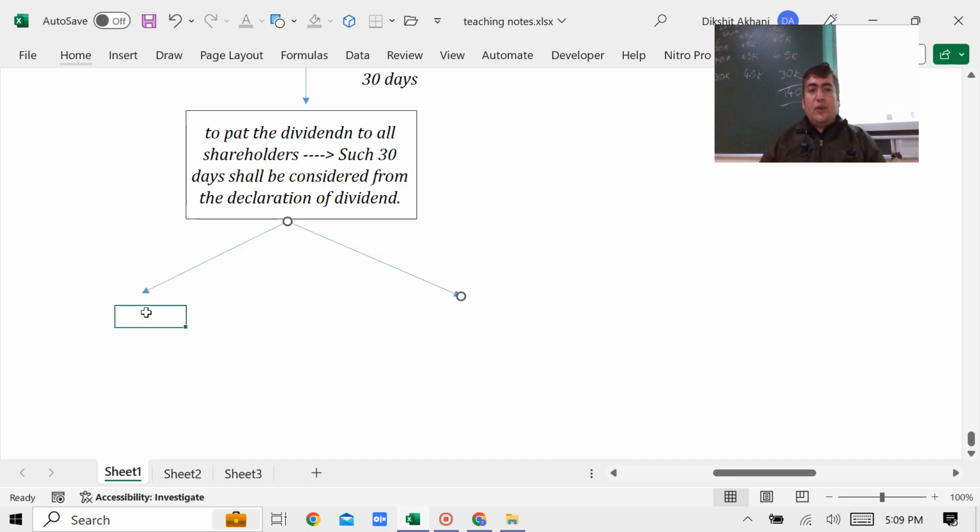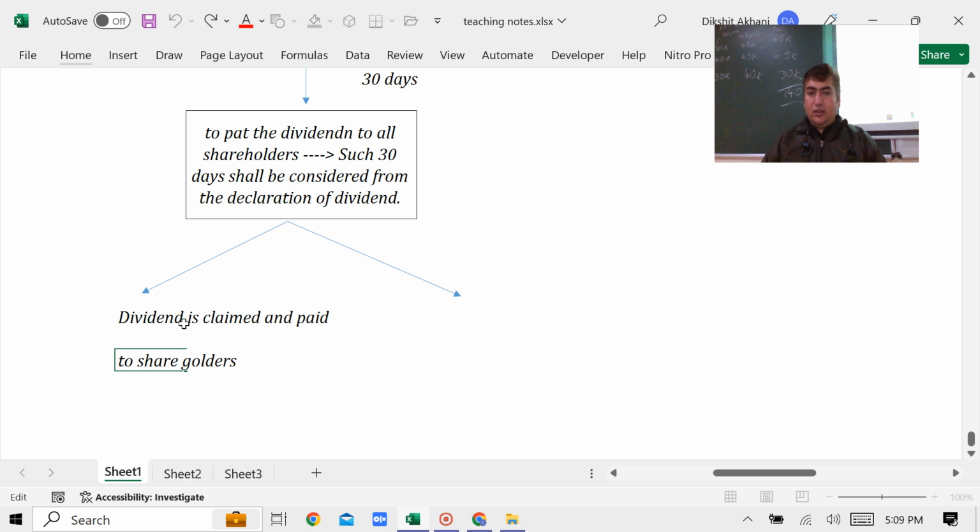Possibility number one is that dividend is claimed and paid to shareholders. I would say that is the first possibility here.